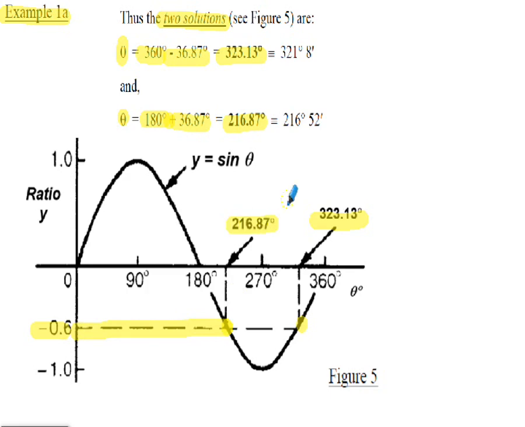So our two solutions here are in the third and fourth quadrants, and we can find that from the ASTC diagram. I suggest you just recap that for yourself and understand how we end up with those two values of theta in the third and fourth quadrants. Again, try and go back to your ASTC diagram. That might help you with your understanding.